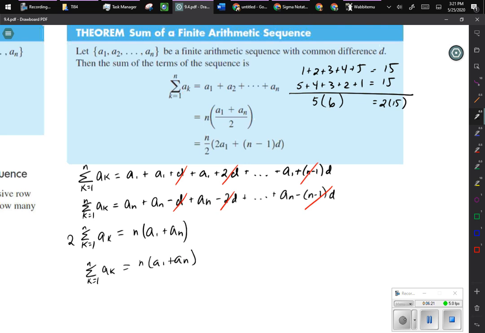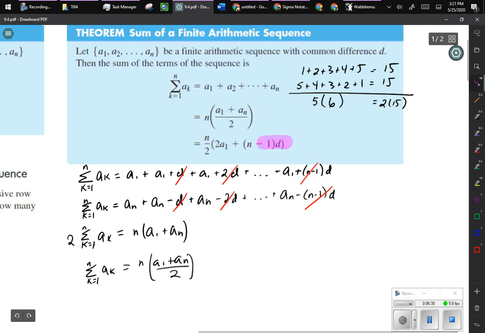Now, the way they wrote it, they have the 2 in there, so I'll write it actually. So divided by 2, it doesn't actually matter. That's just kind of a nicer way to show it. But you can have the entire thing over 2 or n over 2. And that's the derivation.